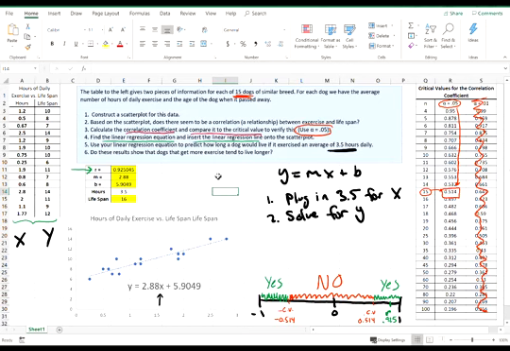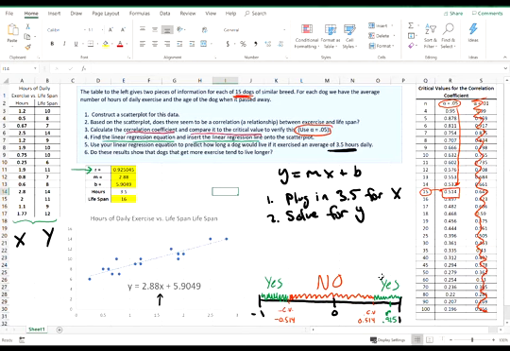Probably more exercise does cause a longer lifespan, but the correlation coefficient isn't enough to definitively say that, even though it's probably obvious. What we've done here is establish that there is a relationship.